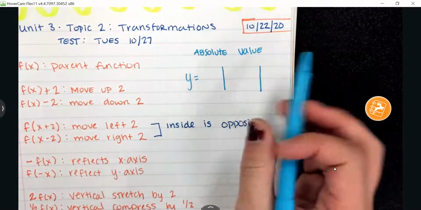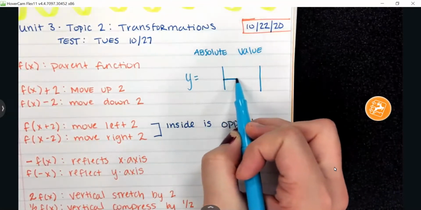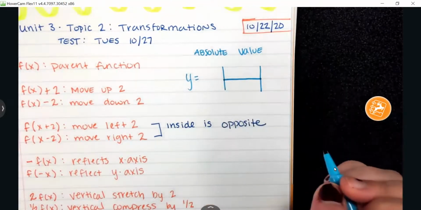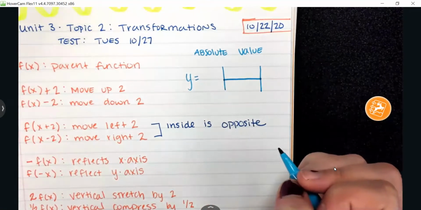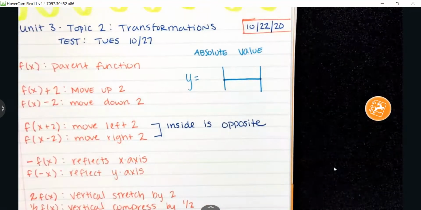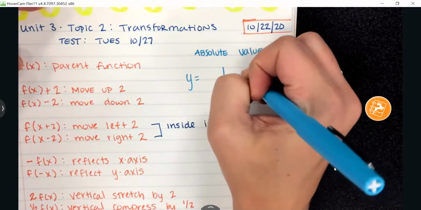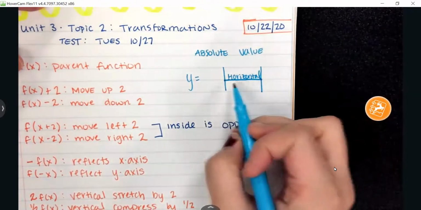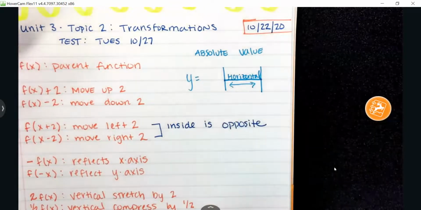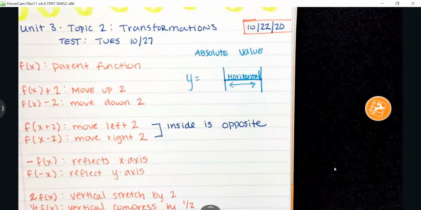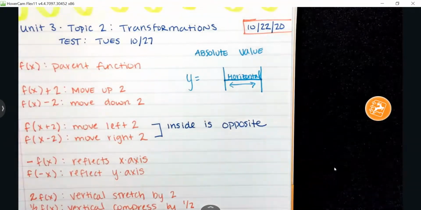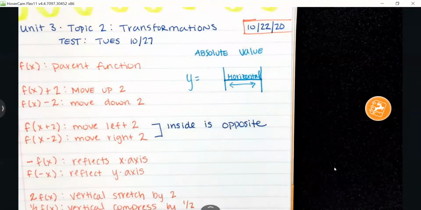If I were to connect these lines, what letter did I just make? An H. And if you remember, we used the word horizontal. Horizontal is everything in the X direction. So everything between these 2 lines has to be in the X direction, okay?